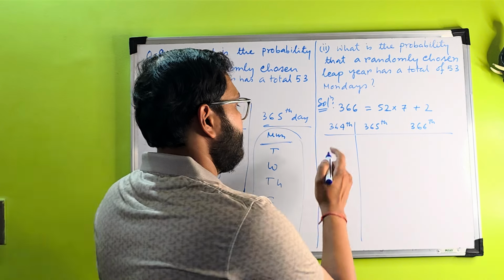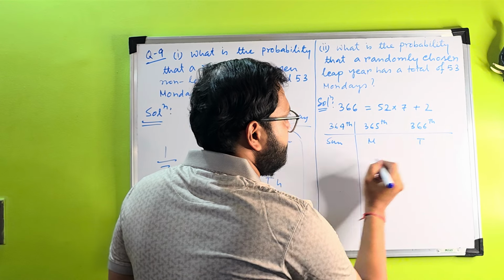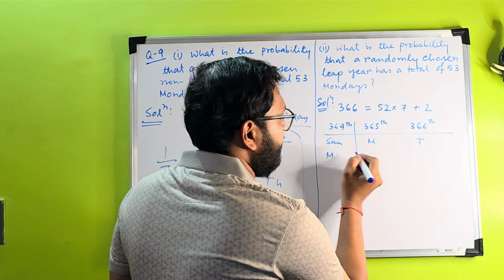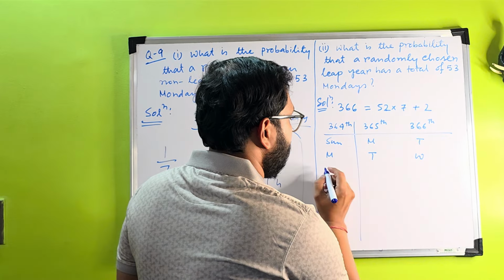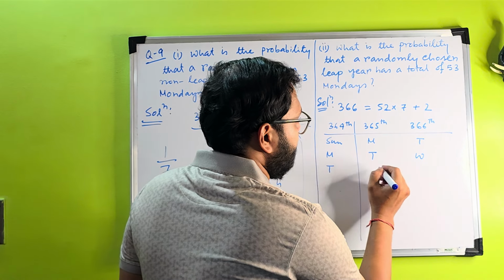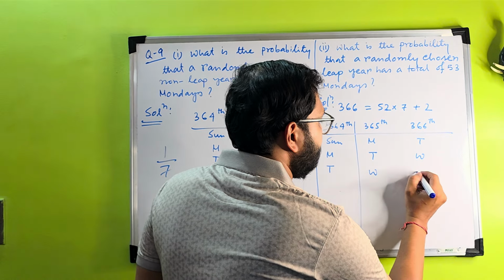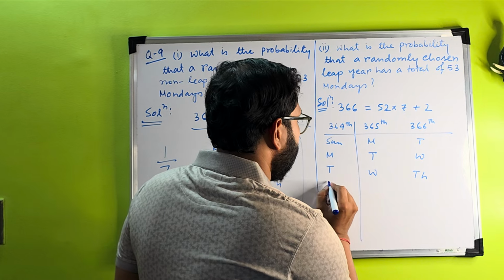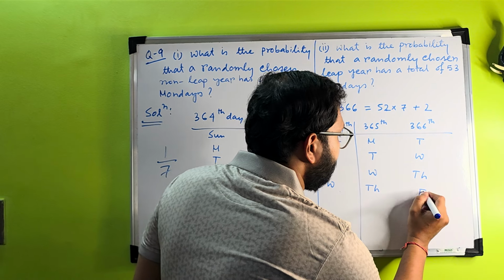If it is Sunday, it will be Monday and Tuesday. If it is Monday, it will be Tuesday and Wednesday. If it is Tuesday, it will be Wednesday and Thursday. If it is Wednesday, then it will be Thursday and Friday.